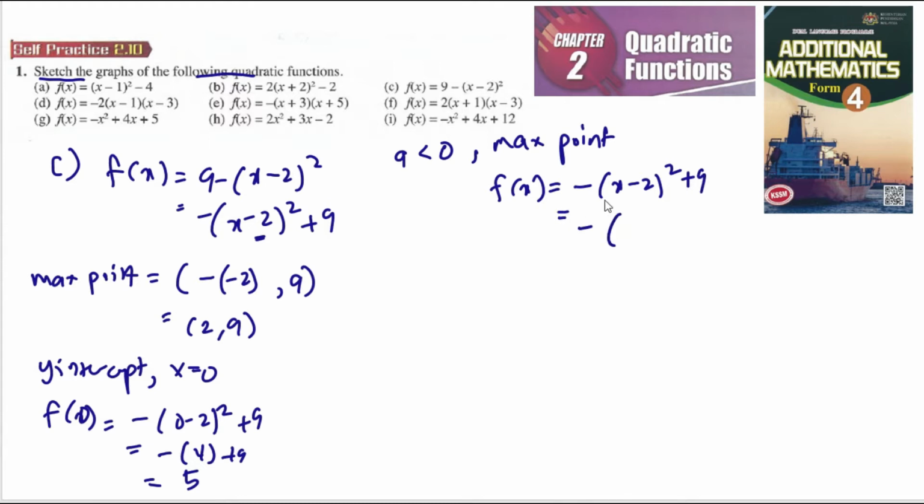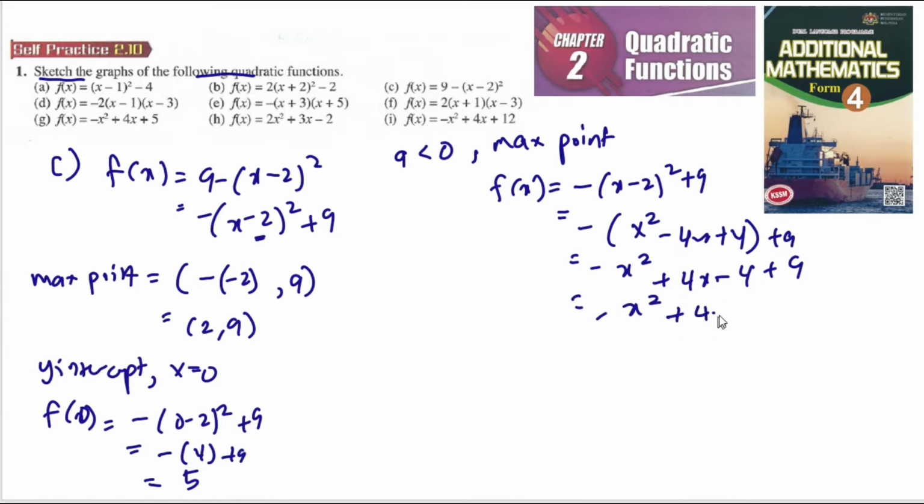So when we expand, x squared, 2 times negative 2, negative 4x, plus 4, plus 9. So negative x squared plus 4x minus 4 plus 9. So negative x squared plus 4x plus 5. Then we take out negative: x squared minus 4x minus 5. So we get negative (x minus 5)(x plus 1).